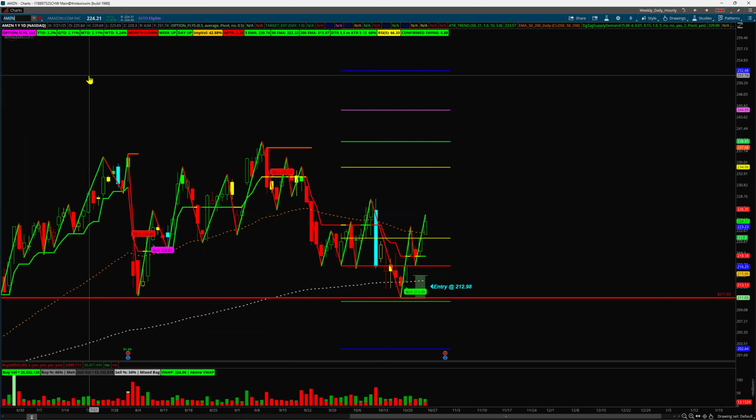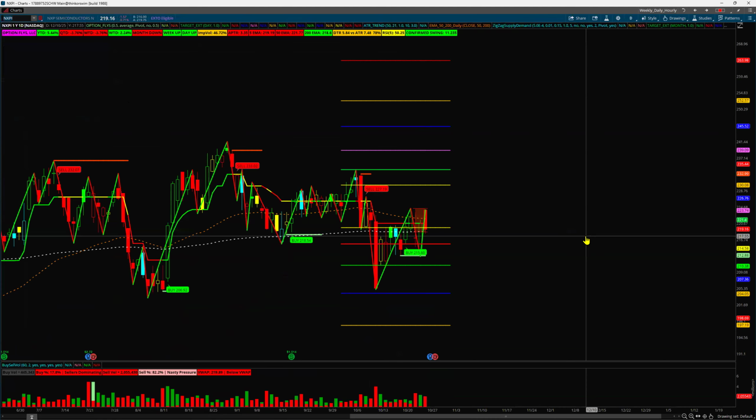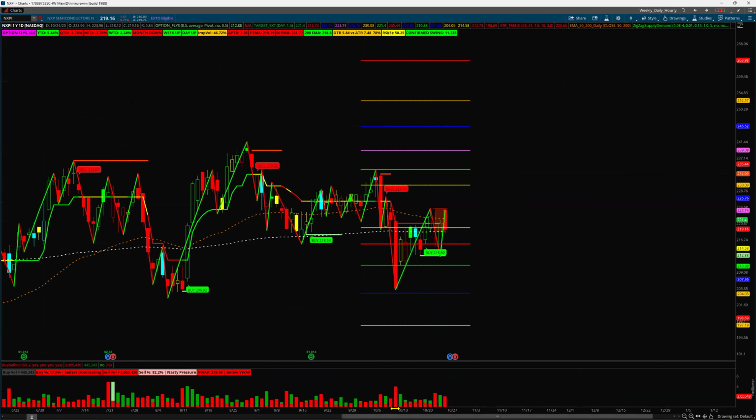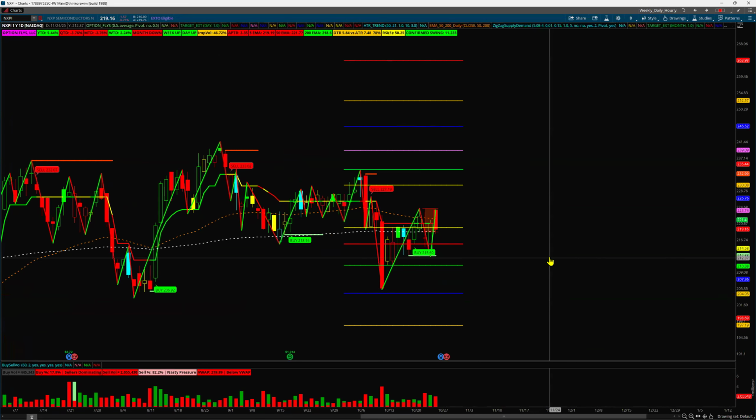So what do we have? NXPI, this is going to be Monday after the close. There's a buy signal here on this one. Very choppy swings. NXPI, the 219 semiconductor name.